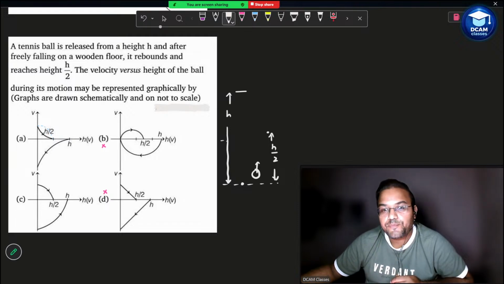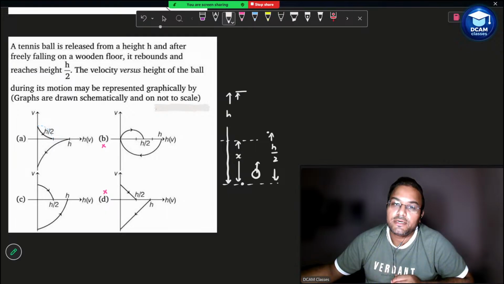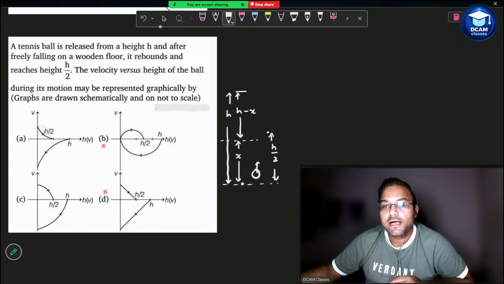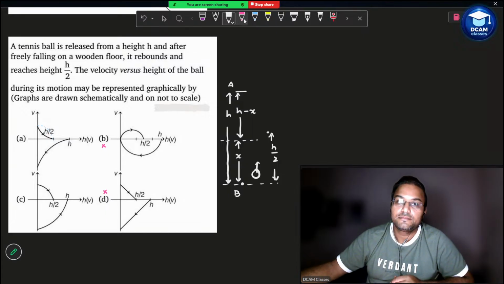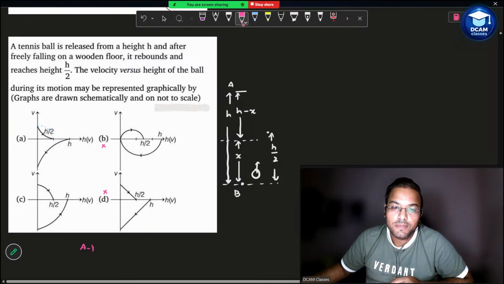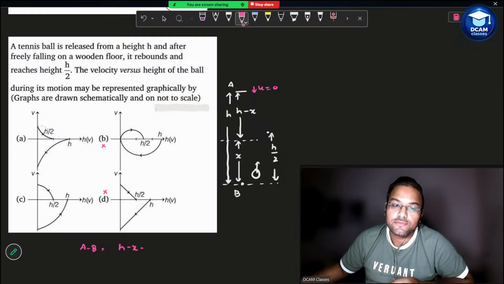Let's say at any time t, it has reached the height x. Then the displacement covered would be h minus x, correct? In the initial motion from A to B, it is released, so u is 0.